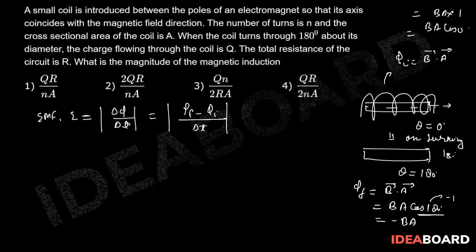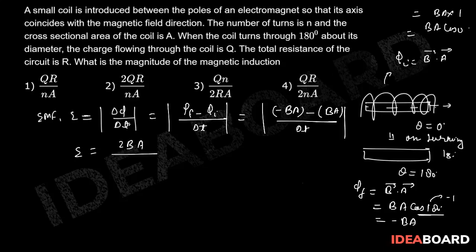So now if you put the values, you get minus BA minus BA divided by delta T. If you remove the mod, this can be written as 2BA divided by delta T. And one more thing you need to add: because the number of turns is n, you need to multiply it with n. So finally you will get 2BAn divided by delta T. This is our equation number 1.